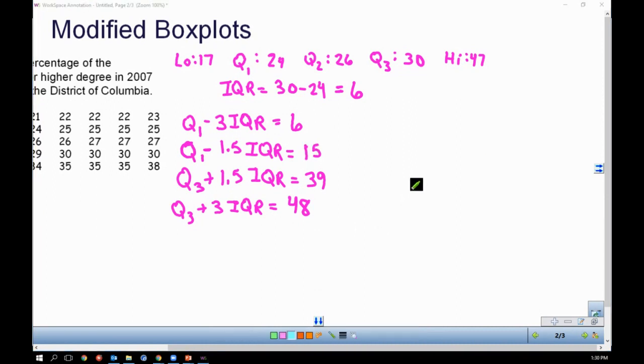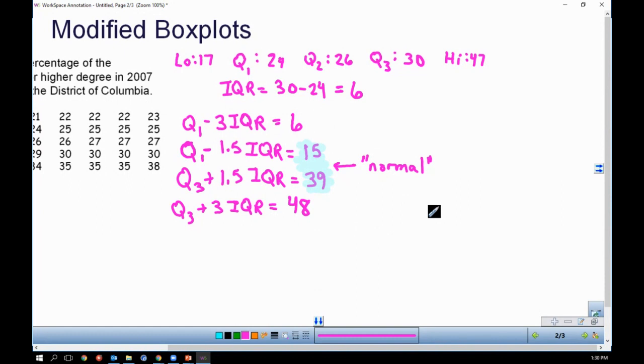Now, if we're within this range, we would say that this is normal. So no, it's not an outlier.